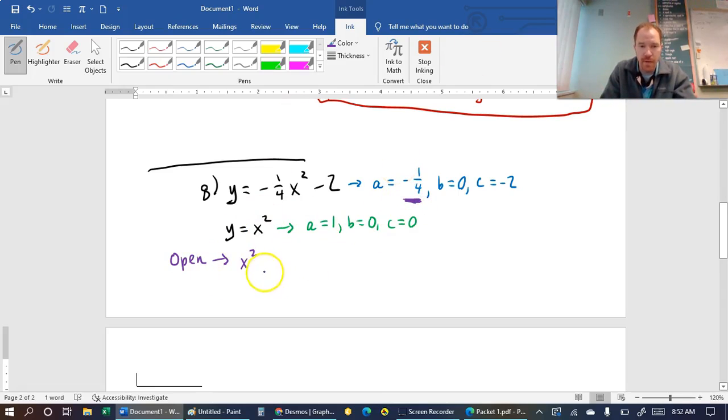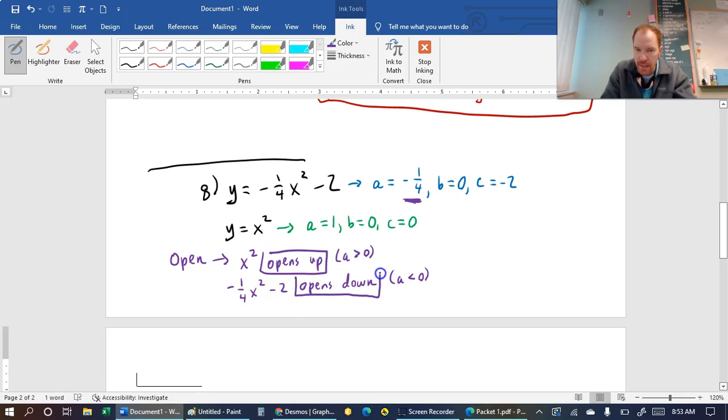So x squared opens up because its a value is positive, but our negative 1/4 x squared minus 2 opens down because its a value is negative, less than 0. So there's one thing that we can compare. They are not the same direction for their opening.